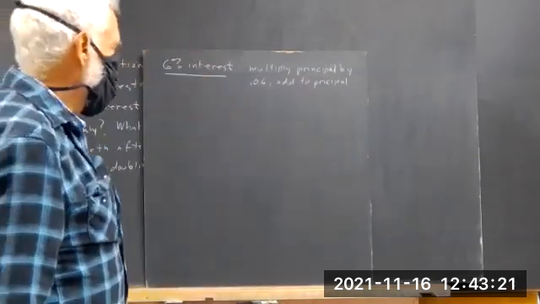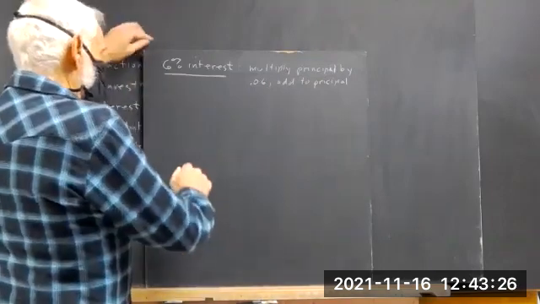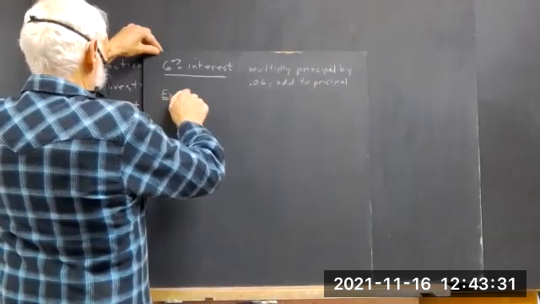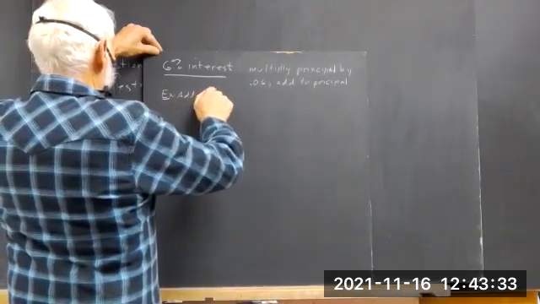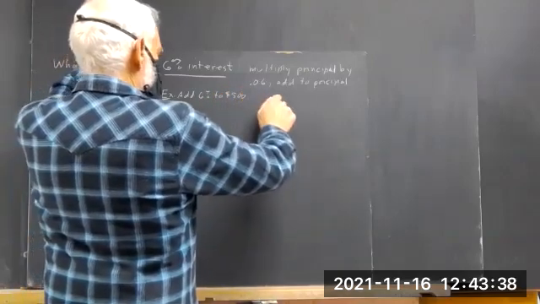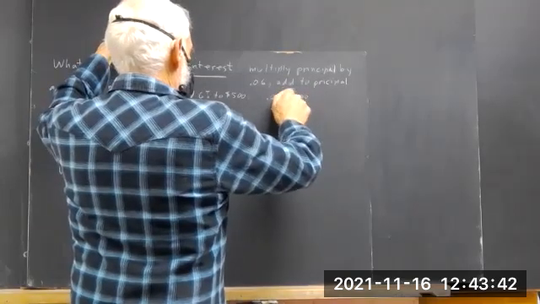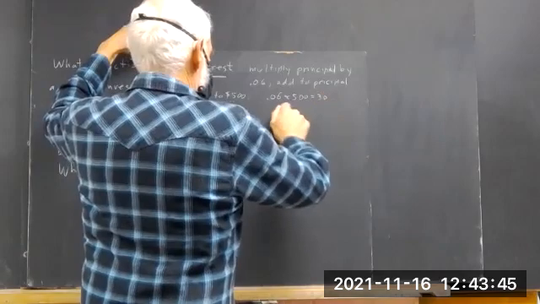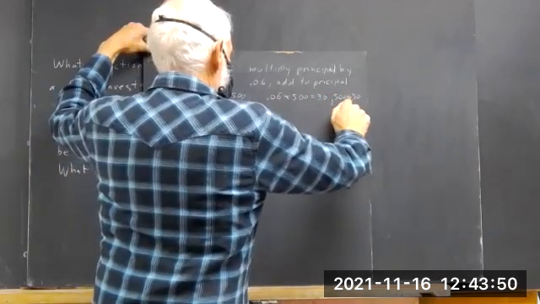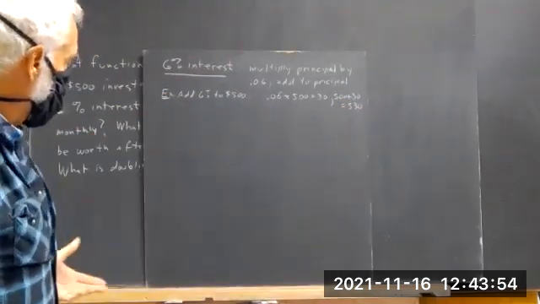Multiply the principal by 0.06 and then add that to the principal, right? So you have 6% of $500.